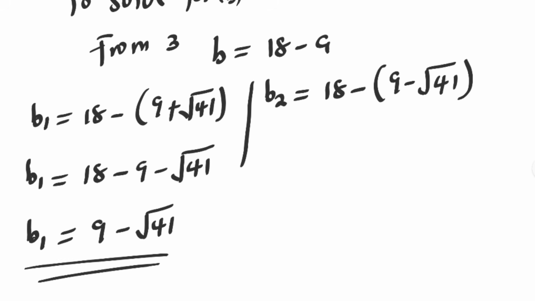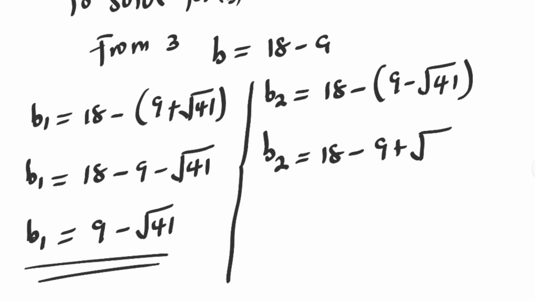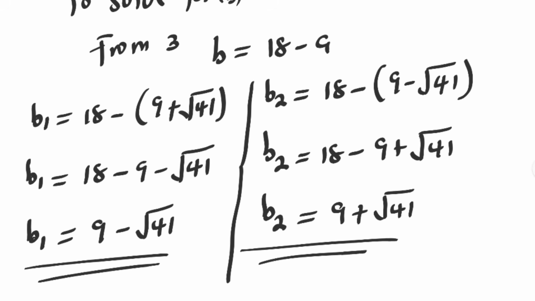This is the value of B1. B2 is equal to 18 minus 9 plus square root of 41. B2 is equal to 18 minus 9, this is 9 plus square root of 41. This is the value of B2.